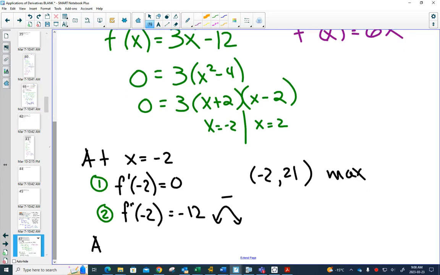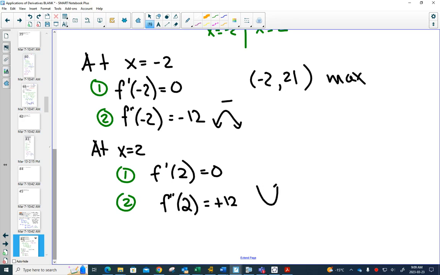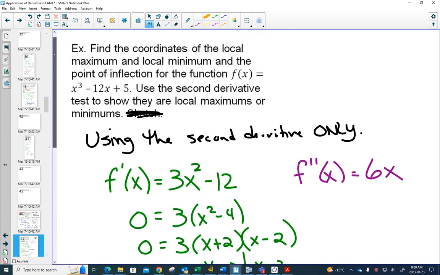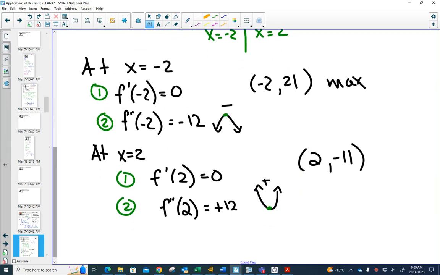At x equals 2, we would have the same first reason, that f prime of 2 is equal to 0. And secondly, f double prime of 2 is positive 12, which means it's concave up, and that tells us that 2 comma, again, 8 minus 24, -11, give or take.